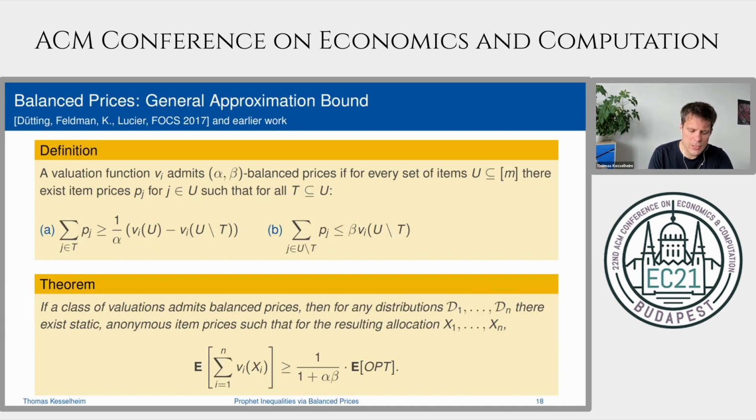For XOS functions, you would get alpha and beta equal to 1. But for other classes of valuation functions, you can still get something. And oftentimes you will have small constants here, so that you can also get something reasonable for other valuation functions. Good.